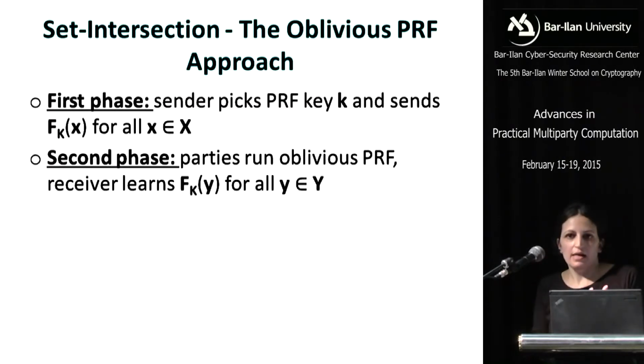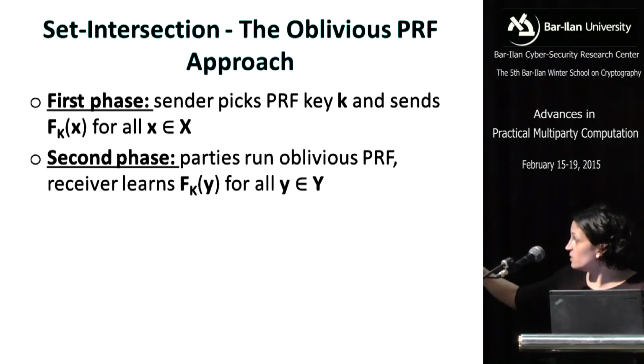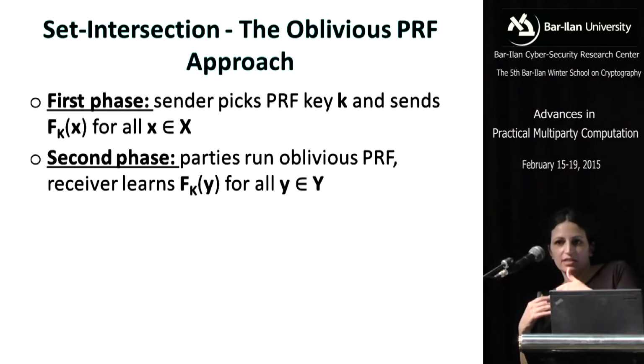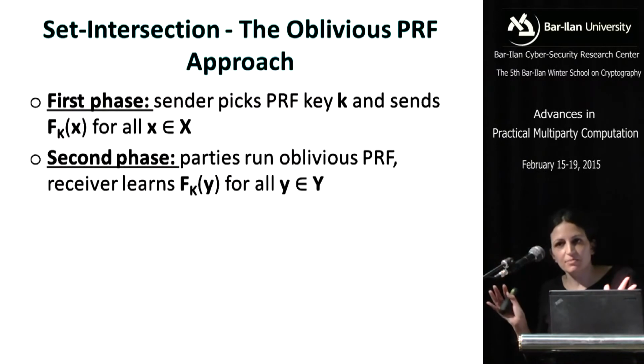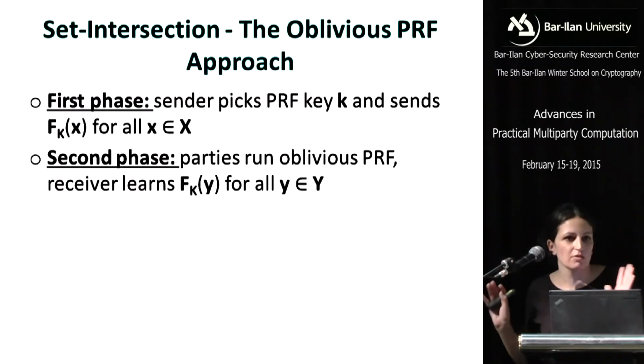Then they execute the Oblivious PRF protocol for the elements of the receiver. So the receiver has the evaluated set from the sender, and the evaluated set from the Oblivious PRF evaluation. Now we can just compare. That's basically the approach. Of course, this is very simplified, but you can understand how it works.